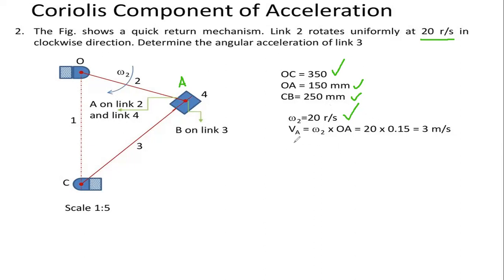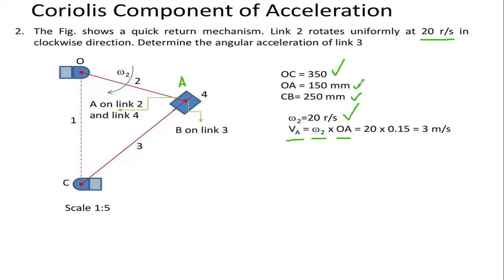Next, the velocity of A. The point A is on link 2 only, so we can take the velocity of A as omega 2 into OA, the length of the link OA times the angular velocity of the second link.